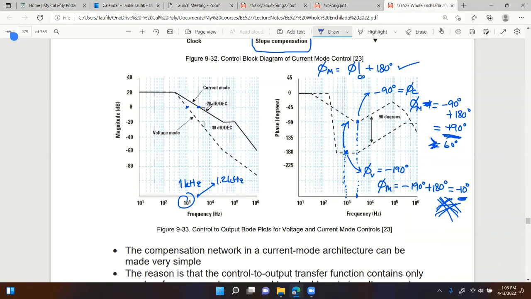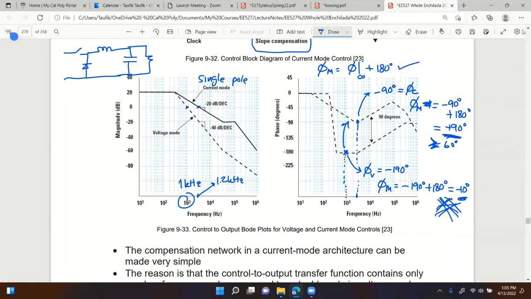Now, why is it only a single pole effect? You still have the same buck converter. The only thing I use differently is the controller. Why do you have a single pole effect?